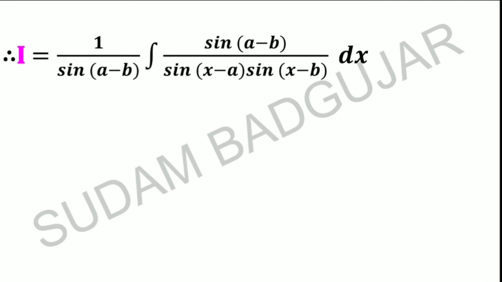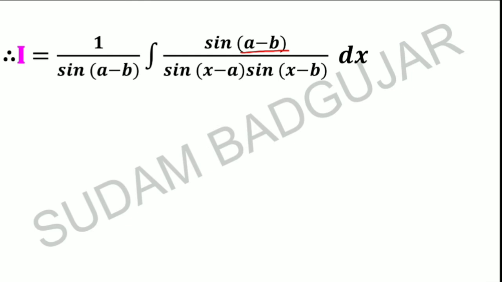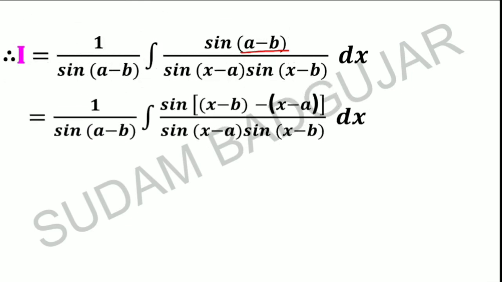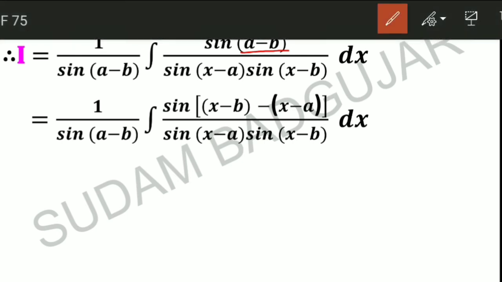So what is a minus b here? In the previous step, a minus b is x minus b minus x minus a. You have to substitute the value of a minus b here. That is 1 upon sine of a minus b into the integration of, with the value of a minus b substituted, x minus b minus x minus a.